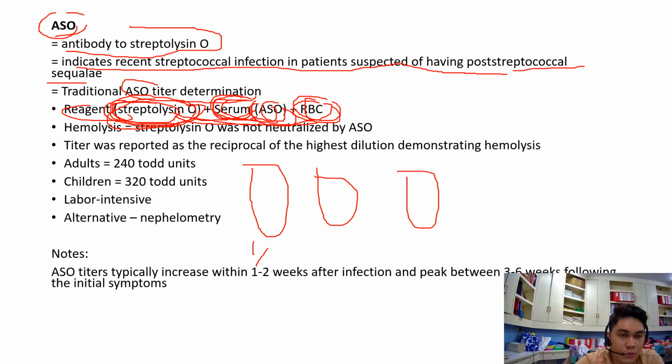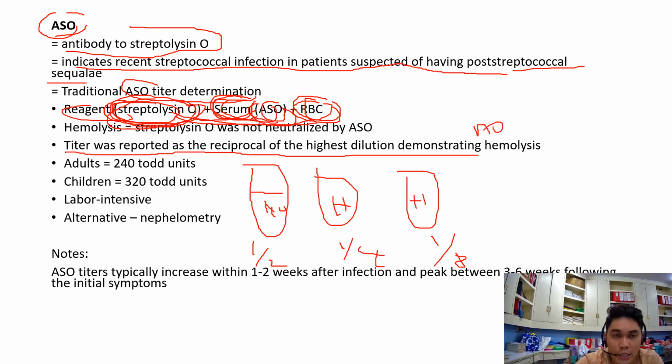So 1 is to 2, 1 is to 4, and 1 is to 8. So for example, in this tube, you have no hemolysis, hemolysis, and hemolysis. So correction, titer was reported as the reciprocal of the highest dilution demonstrating no hemolysis.